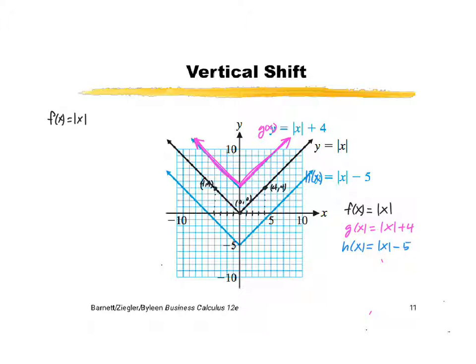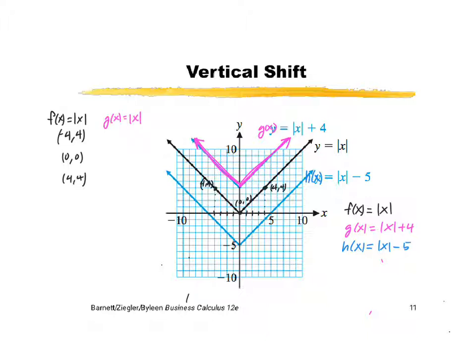I chose the ordered pairs (-4, 4), (0, 0), and (4, 4). Okay, for g of x, we have the absolute value of x plus 4. So here, let's write this. Oh, sorry, it's g of x.